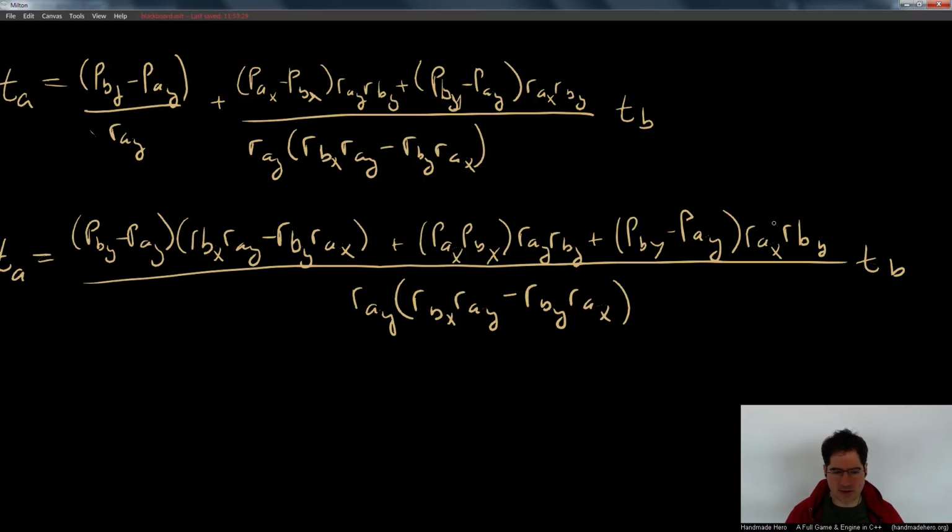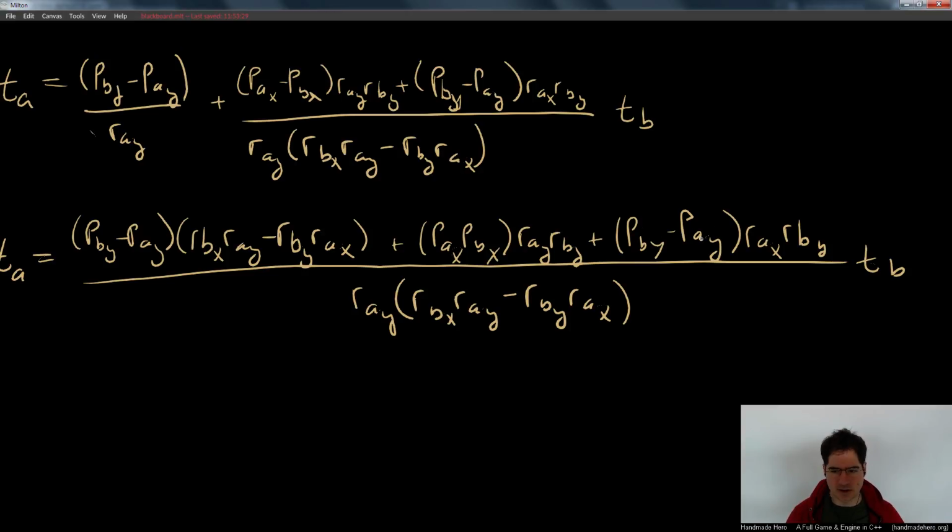So if you take a look at these as they are, we can at least try to do what we would do and have some semblance of that here. If we take a look at what happens in terms of pulling out terms, we've got a PBY, PAY subtraction term here.